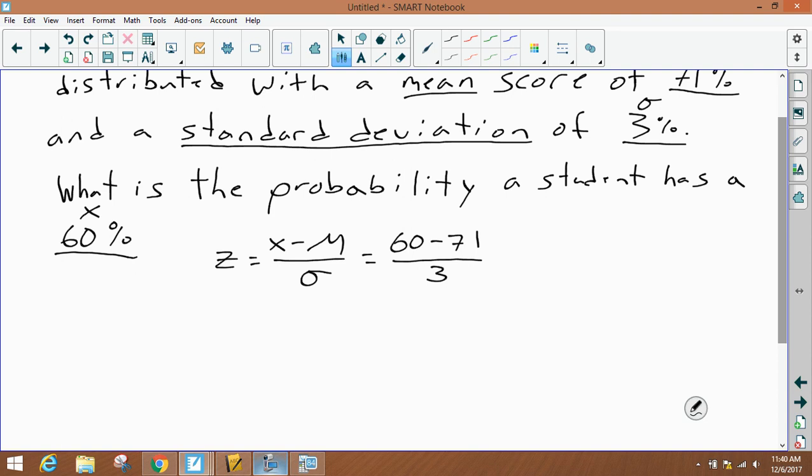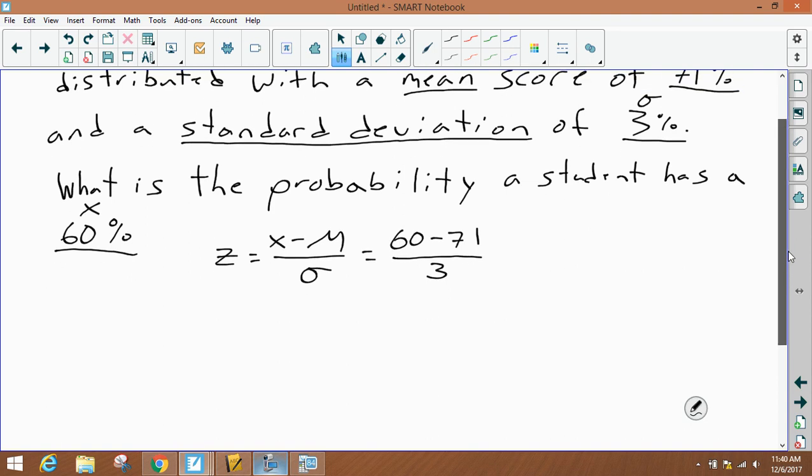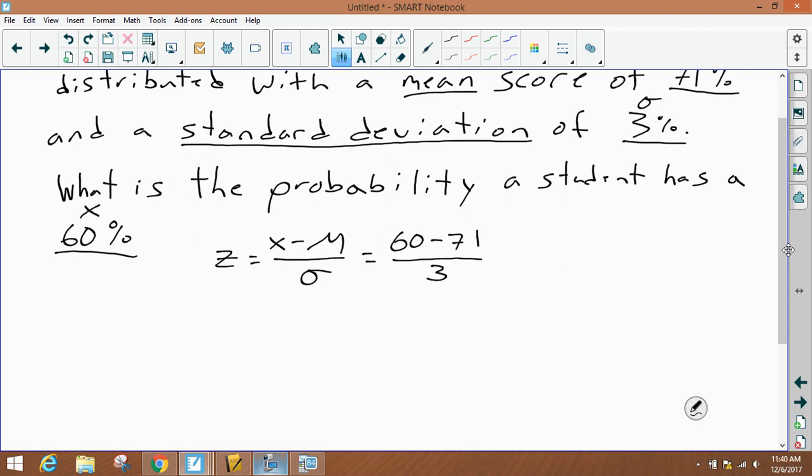There's a more in-depth way of doing this using a table, but I'm going to show you how to do this with your calculator. The most important thing that you can do, though, when you do this, the first thing you need to do is identify your mean, your standard deviation, and your x value.